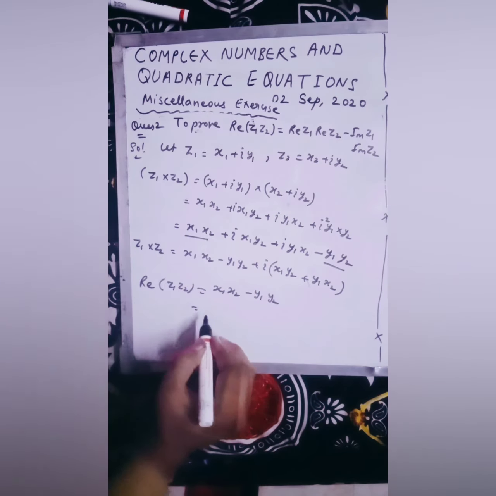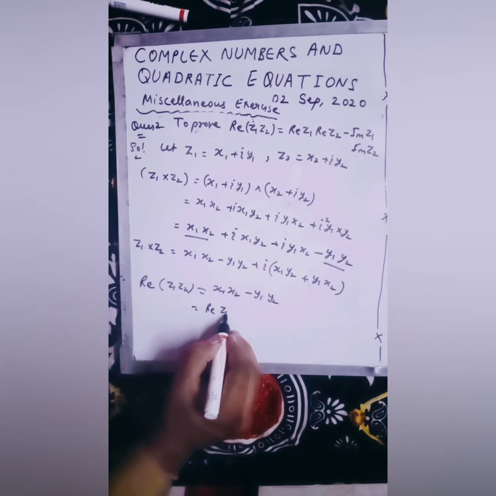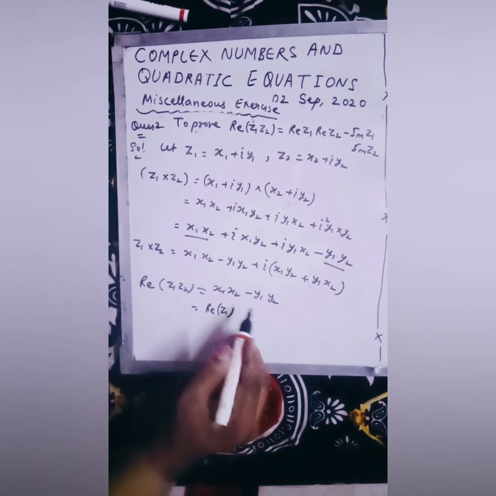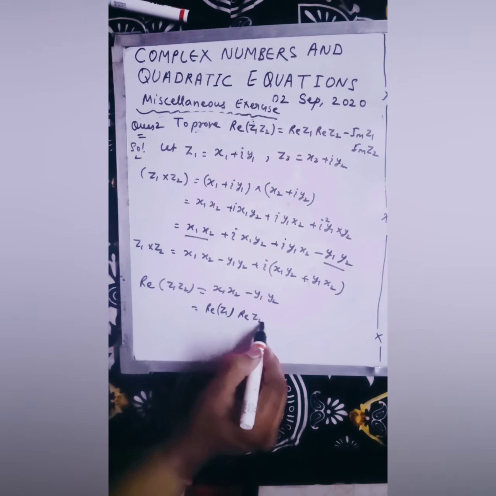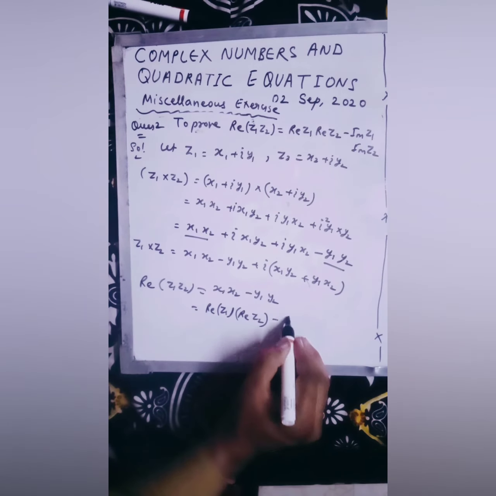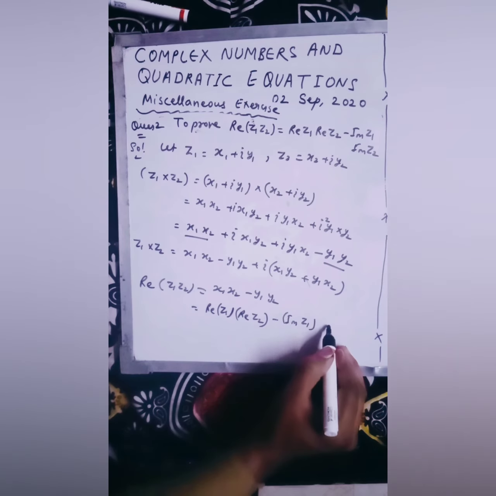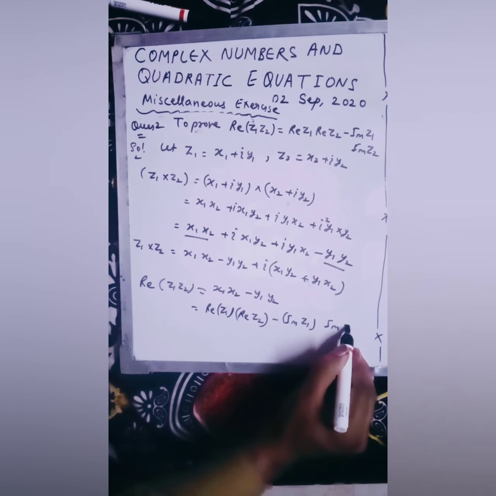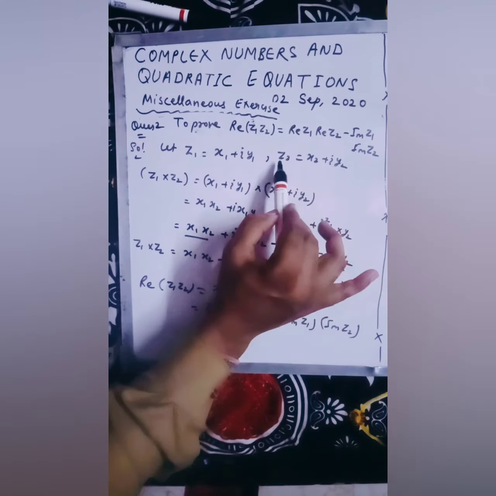Where x1 is a part of z1, so in place of x1 I am writing the real part of z1. x2 is the real part of z2, minus y1 is the imaginary part of z1, and y2 is the imaginary part of z2.